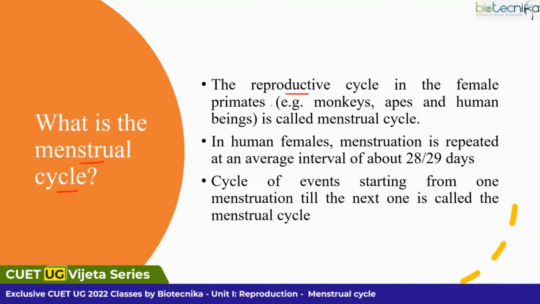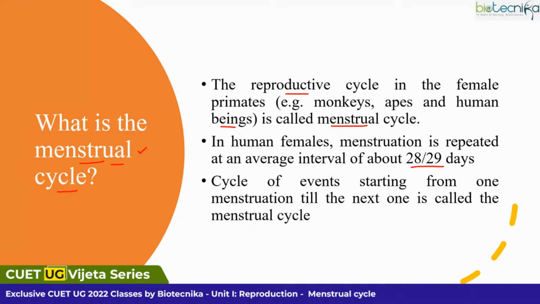Whether you talk about monkeys, apes, but we are going to talk about human beings. So today's session will be about the menstrual cycle, and this reproductive cycle in the female primates is known as the menstrual cycle, right? This menstrual cycle is on average around 28 to 29 days.